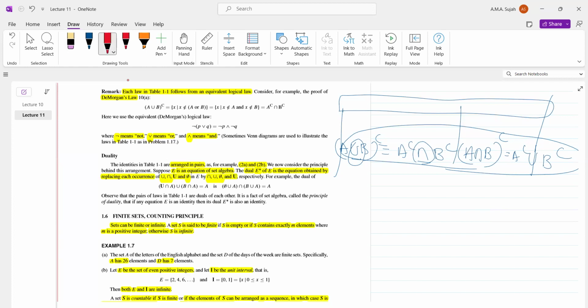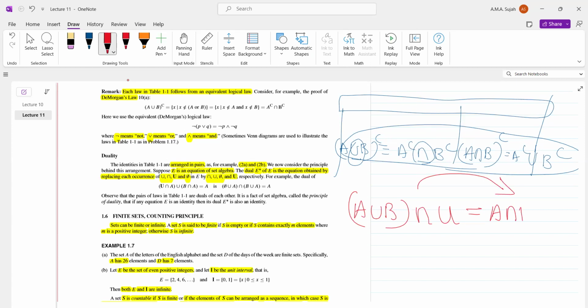Okay, now tell me, can you create the duality of this law? A union B, intersection of the universal set. So how can you create it?